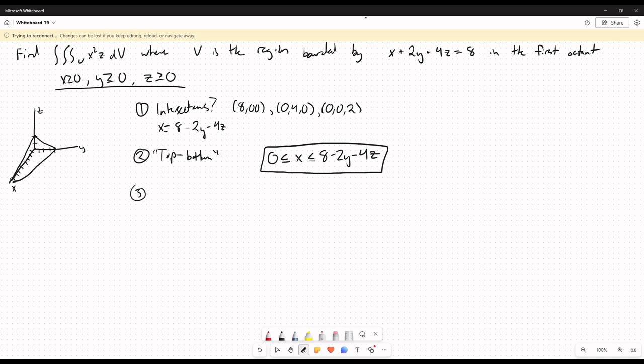And now we are going to smush onto the yz plane, which is a little different. So let's look at what we have there. I'll just draw it exactly like we have there.